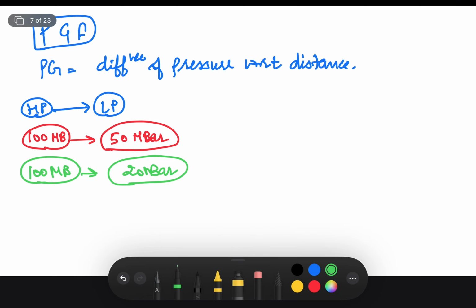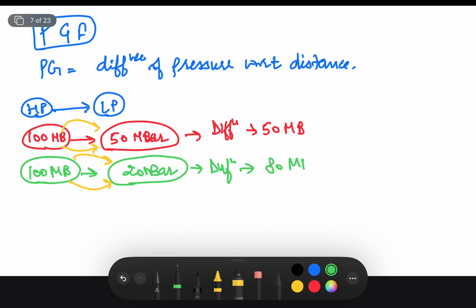Wind moves from high pressure to low pressure in this direction. In the first case the difference in pressure is 50 millibar, and in the second case the difference in pressure is 80 millibar.